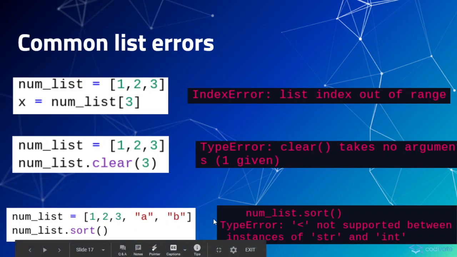Python can't sort it because it can't compare strings and integers. Usually for sorting, we're making sure every value is less than the next value. How would I know if a number is less than a string? It doesn't make sense, so Python completely avoids doing that, and it would just give us a type error.